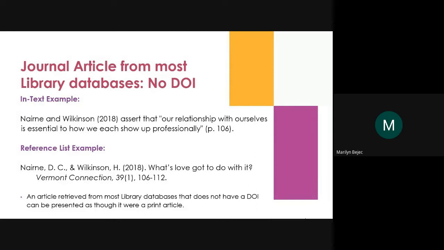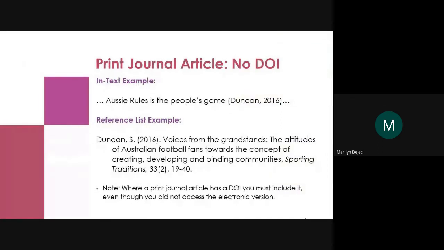An article retrieved from a library database that does not have a DOI can be presented as it is in the printed article if it didn't have a DOI.